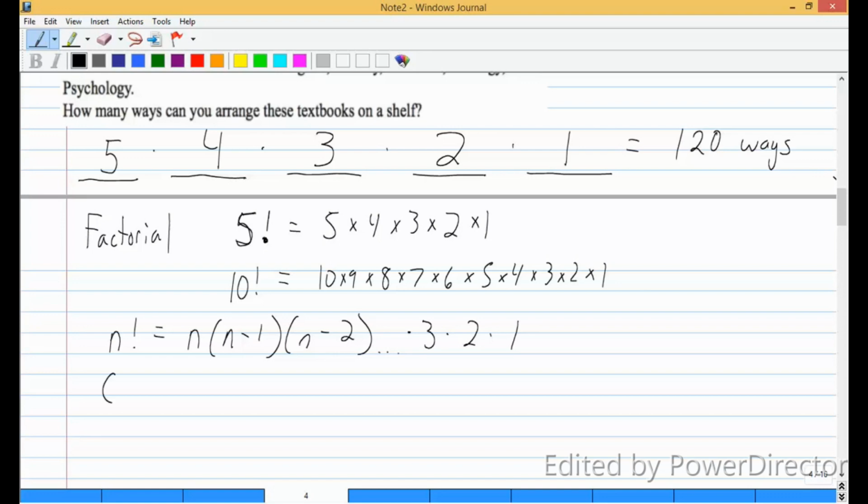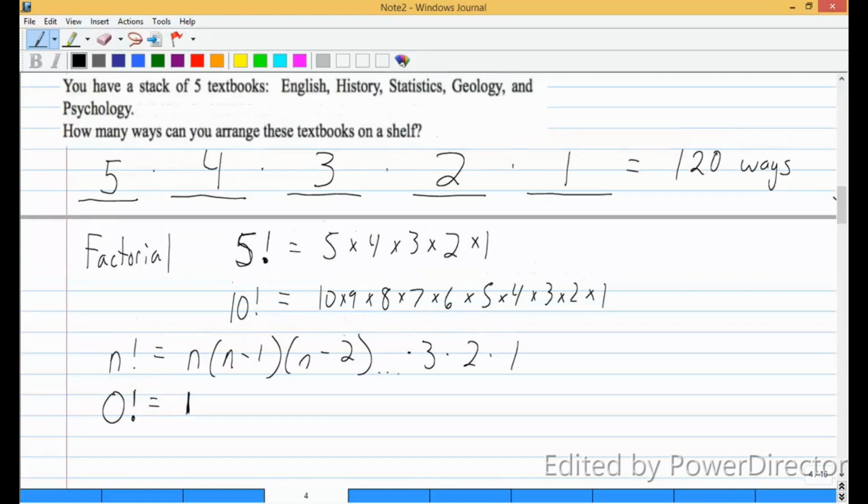Also, by definition, to get all formulas to work out, 0 factorial is defined as 1. Even though there are no positive numbers less than 0, to get all formulas to work out, you get 1 for 0 factorial. So if you've ever used a calculator and seen that little exclamation point, that's what it means.